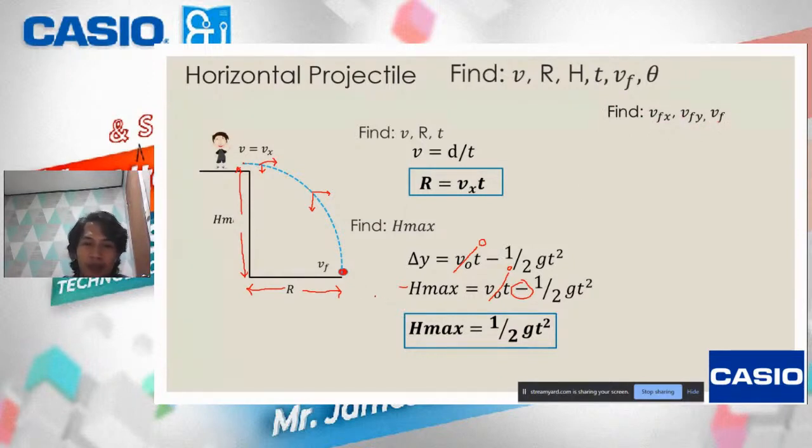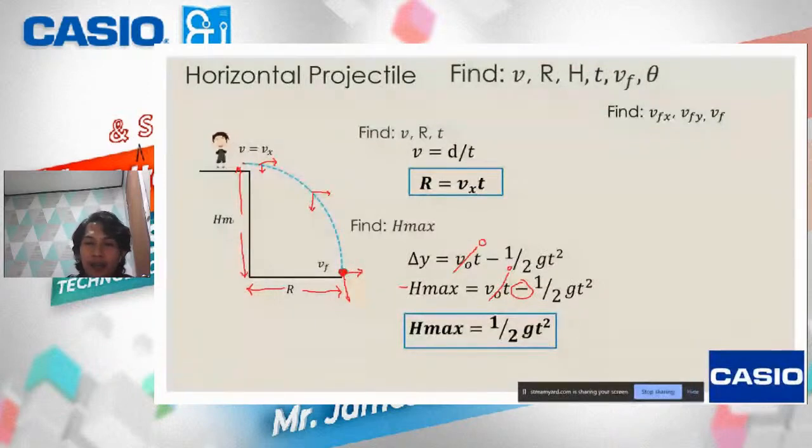So saan natin ito makikita dito? Yan. So, at that point, meron tayong component ng y, meron tayong component ng x. Okay? So, mukhang hindi man siya halata, pero may component pa rin siya ng x, kahit na ganyan yung path niya. Okay?